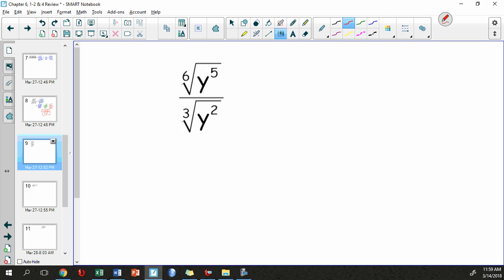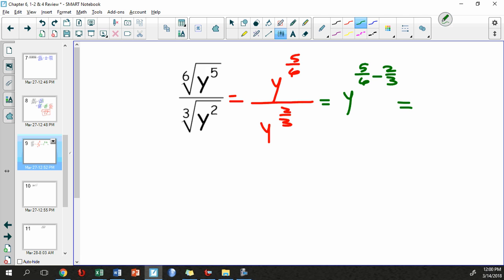So if I say power over root, that means I'm going to have y raised to 5 over 6 over y raised to the 2/3. Now, do they have the same base? Yes, y and y. So what am I going to do with the exponents? Subtract the exponents. So 5 over 6 minus 2/3. If you type that in the calculator, what does it give you? 1/6.